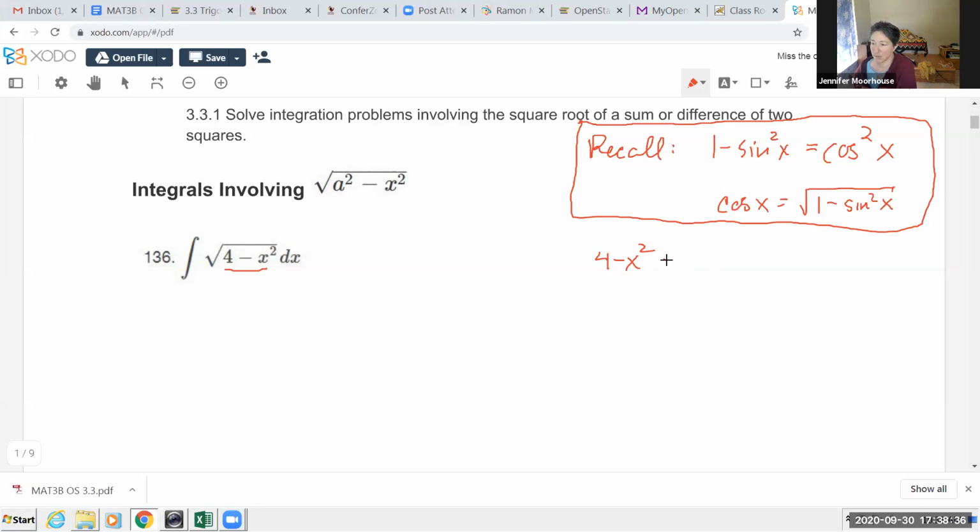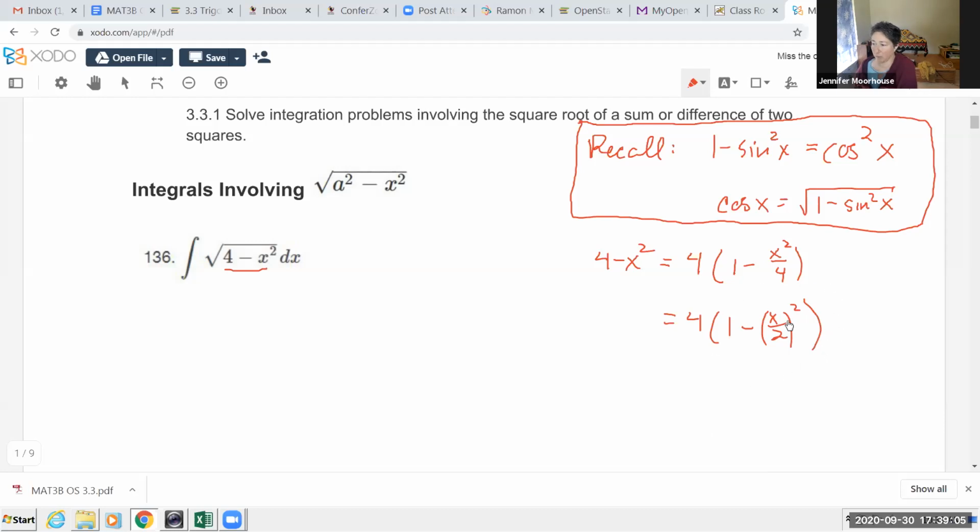The first thing I'm going to do is rewrite it. I'm going to pull the 4 outside and write it as 4 times 1 minus x squared over 4, which is the same as saying it's 1 minus x over 2 all squared.